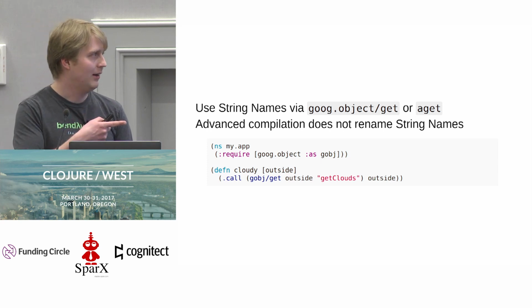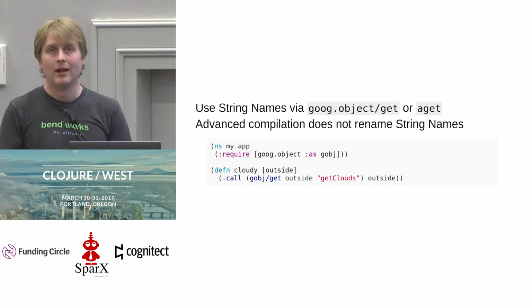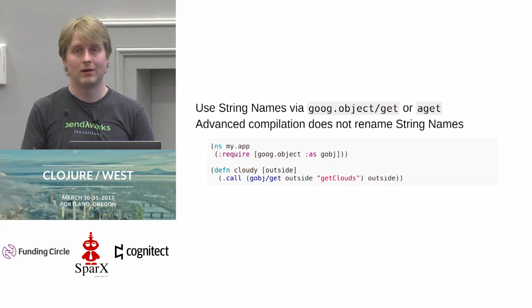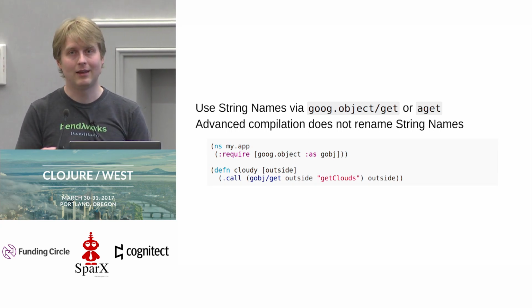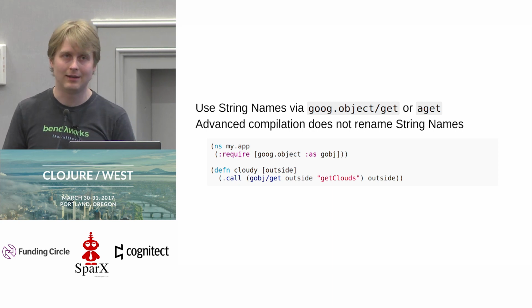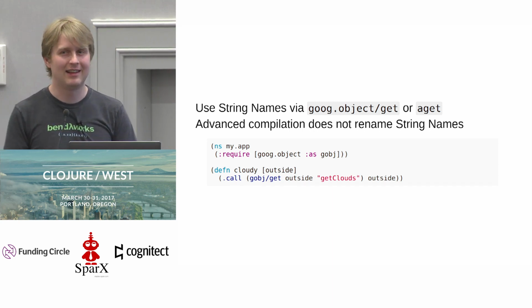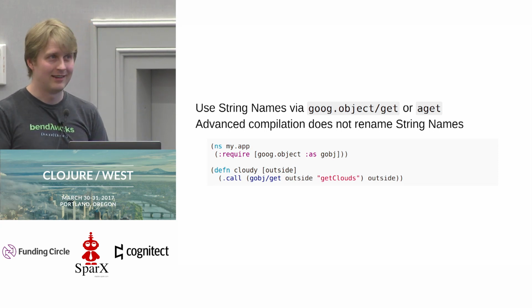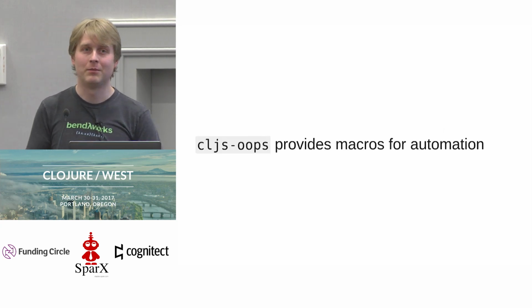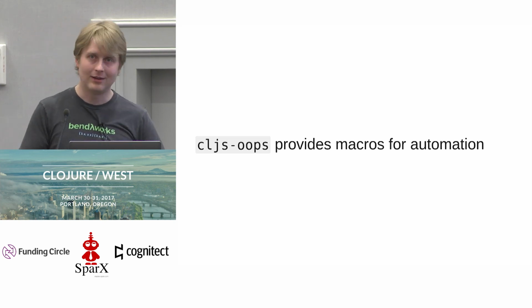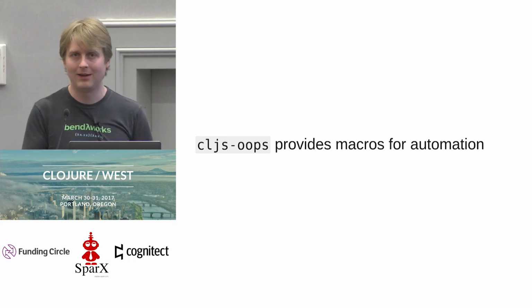So in our cloudy function, instead of accessing getClouds directly, we're going to retrieve the getClouds method via goog.object/get as a string name, and dynamically call it with .call on the outside object. And this looks like a lot of fun and brittle work for us to do just to get it to work with externs. So cljs-oops provides a lot of macros for automation.